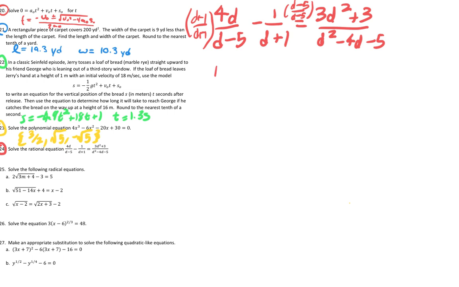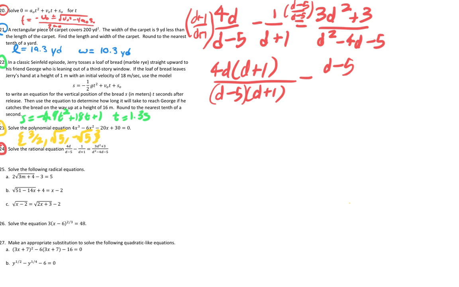So that's going to leave us with 4d times d plus 1 over d minus 5 times d plus 1, and then minus d minus 5 over d minus 5 times d plus 1, and is equal to our 3d squared plus 3 over d squared minus 4d minus 5.